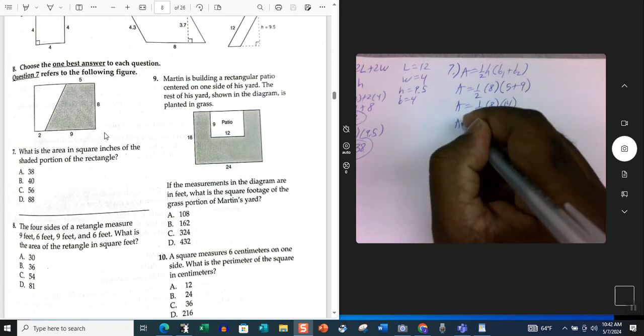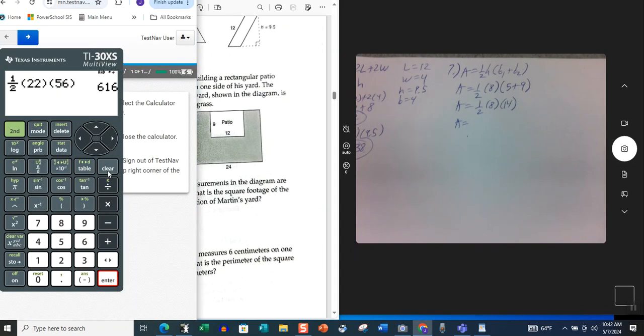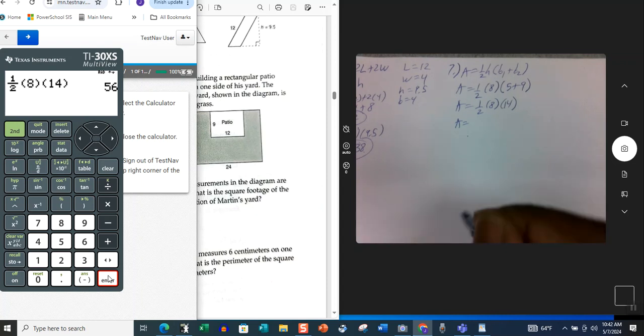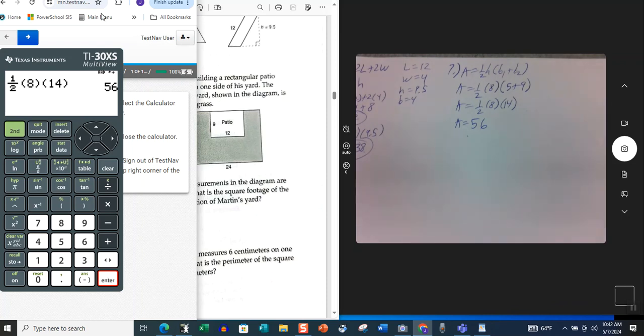Okay, so when we put this in our calculator, we'll hit N over D. So that's 1/2. Right arrow, we'll do parenthesis 8, and then parenthesis 14. Press enter, and that will give us 56. And that will be our answer.